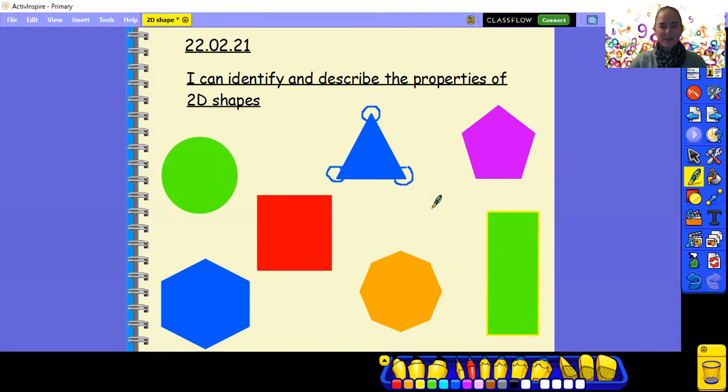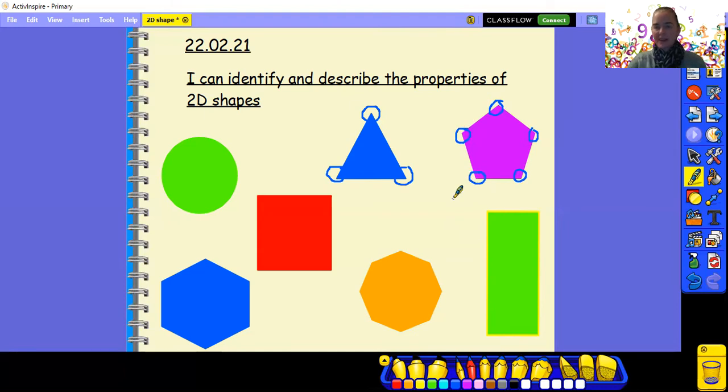Let's choose another one. Have a look at our pentagon. Okay, let's count the sides first. 1, 2, 3, 4, 5 sides. Let's count the vertices. 1, 2, 3, 4, 5 vertices.